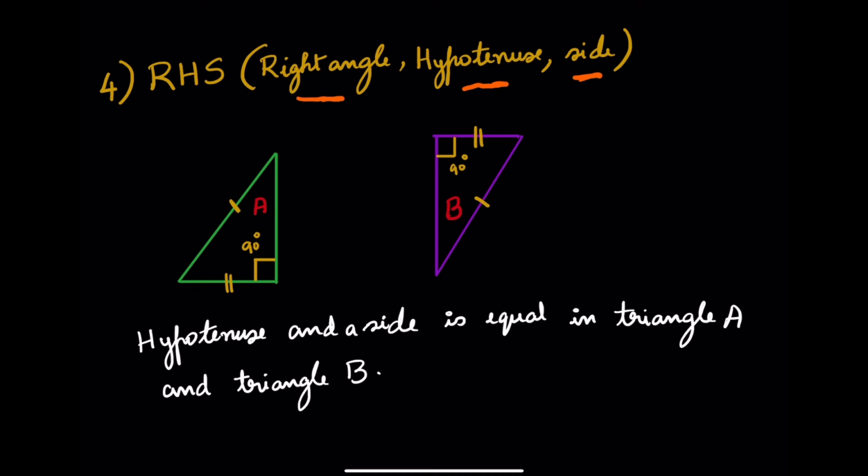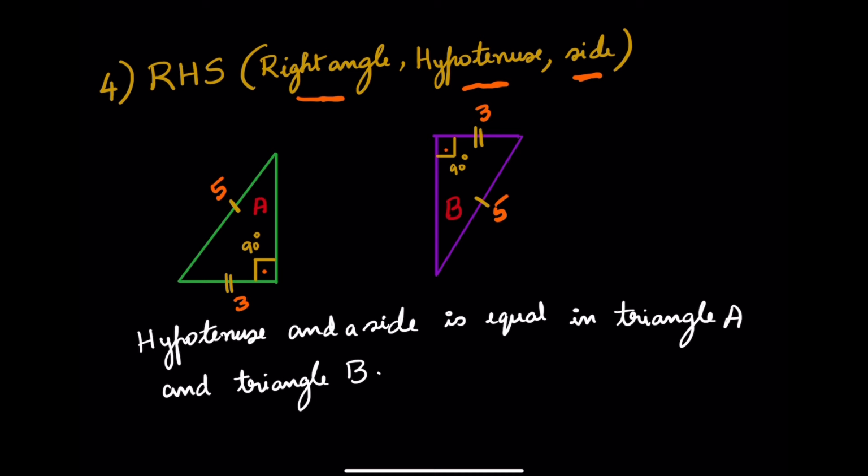Let's compare triangle A and triangle B. Here we have 90 degrees in both A and B, and the hypotenuse is equal. Let's mark it as 5, and one of the sides is equal. Let's mark this as 3 and 3. This double line also indicates that it's one of the sides which is equal in both the triangles.